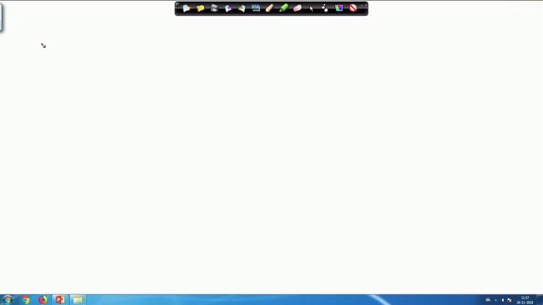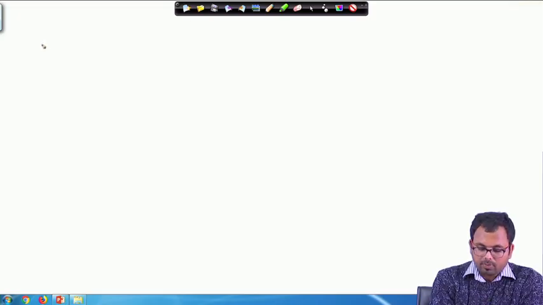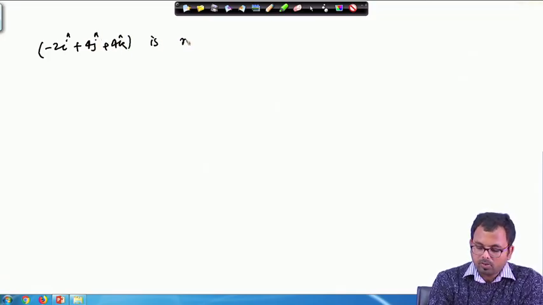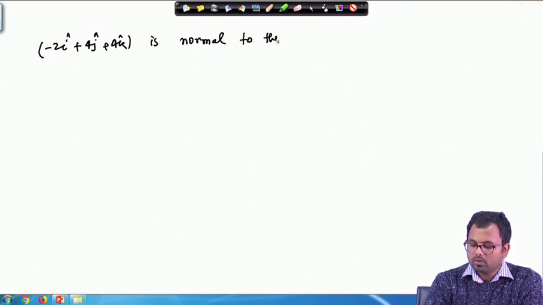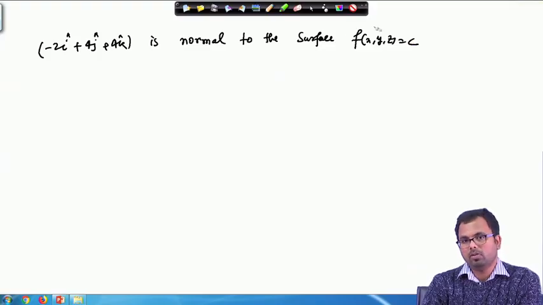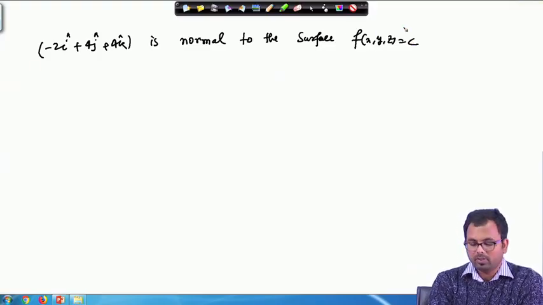So the gradient of f, which is -2i + 4j + 4k, is normal or perpendicular to the surface f(x, y, z). All right, but we have to find a unit normal, or unit vector perpendicular to this.